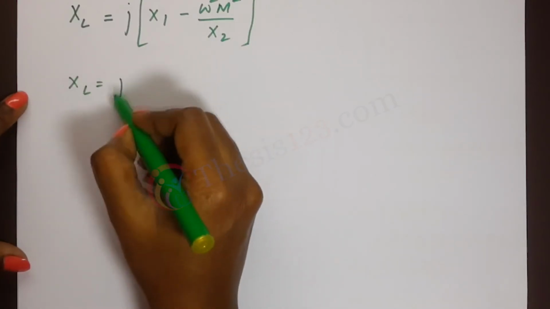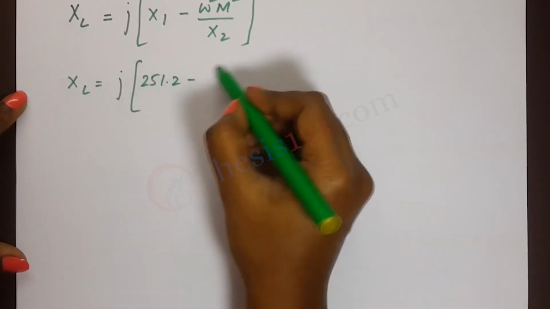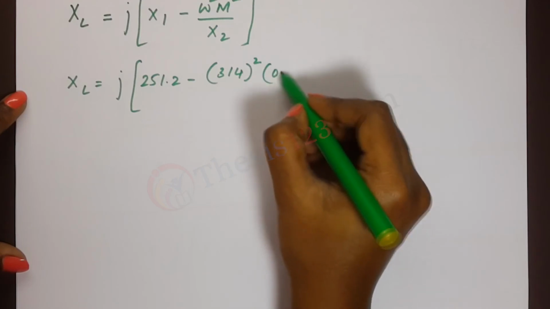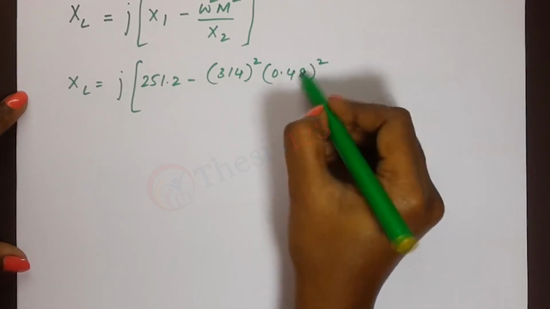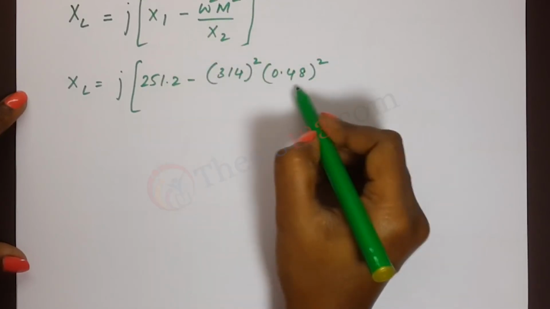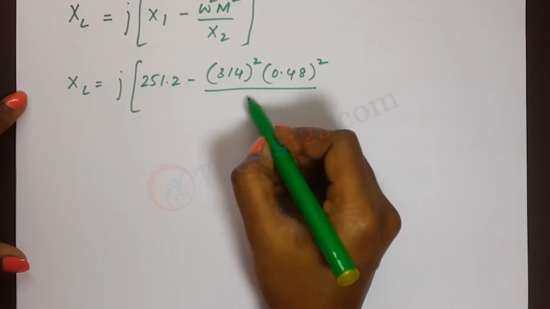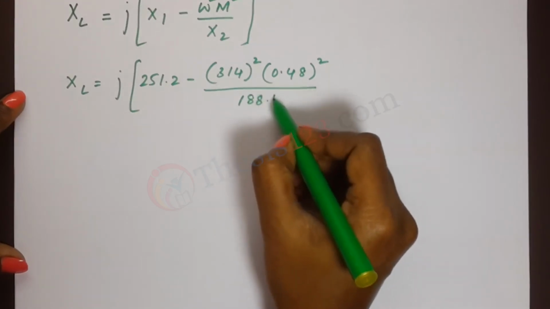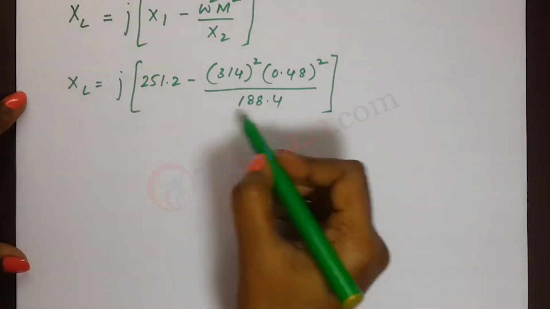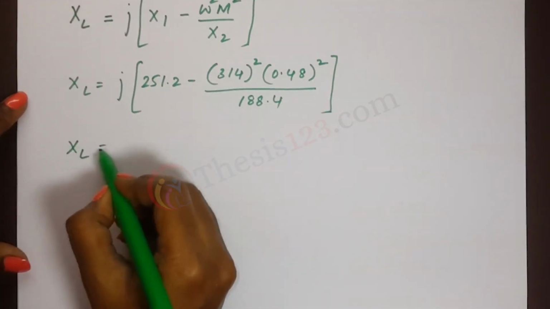XL is equal to j into 251.2 minus 314 square times 0.48 square, because mutual inductance is 480 milli, which can be written as 0.48, divided by 188.4. Okay, I leave the solving part of this to you.